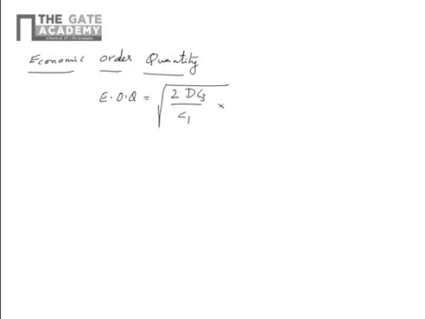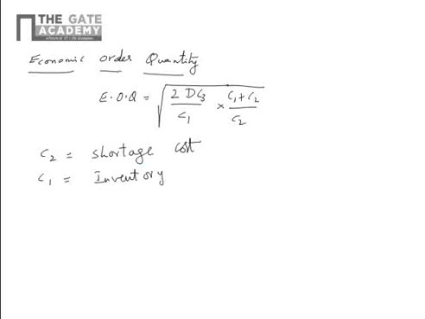Now if we consider shortages, it is multiplied by C1 plus C2 by C2. C1 is carrying cost, C2 is shortage cost, and C3 is ordering cost. D is annual demand.